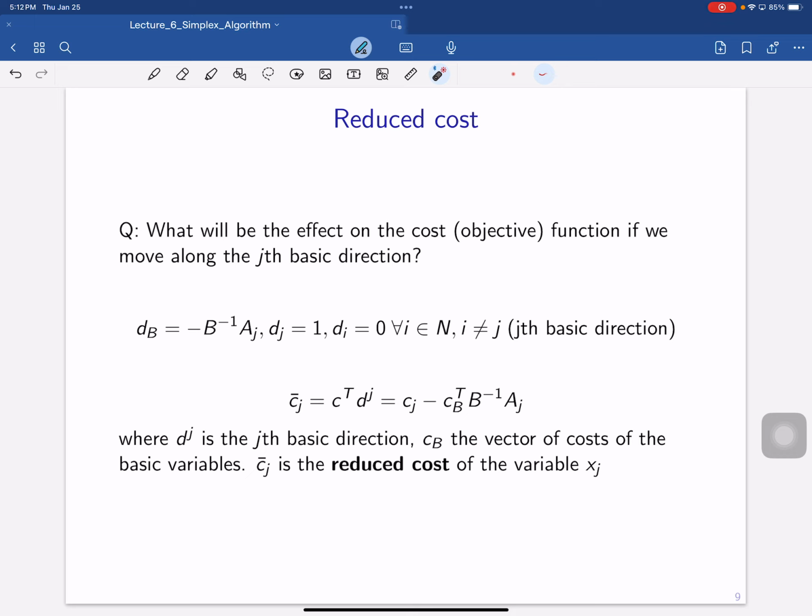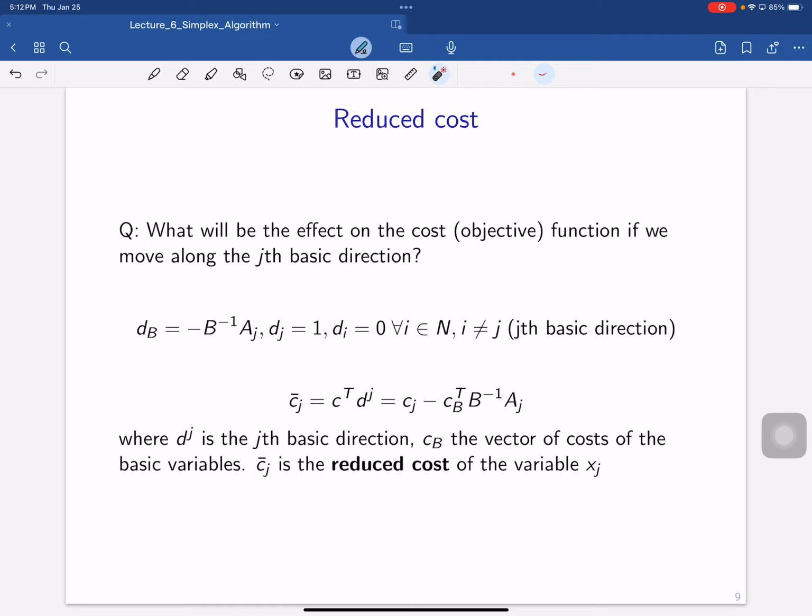If you want to change one of the non-basic variables to 1, all the others still keep at 0, and this would be the change for the basic variables. So the question is, if this is a feasible direction and we move along it, how much will the objective change?